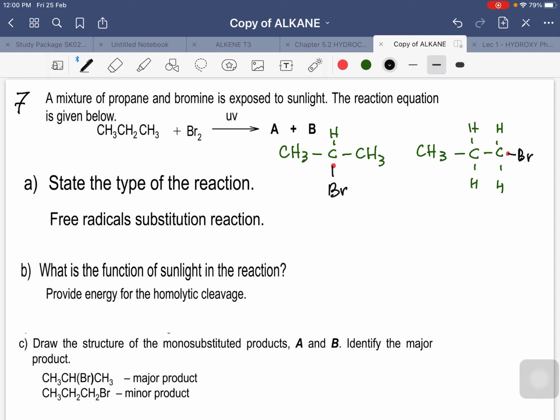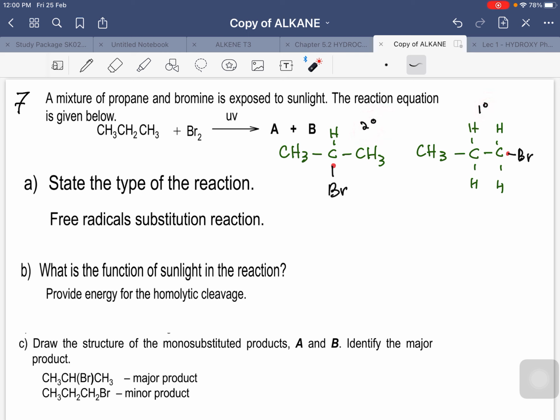Which one is the major and minor? To determine major and minor, we look at the stability of the free radical before the product forms. Just now, I drew the free radical. It is a secondary free radical, while the other structure comes from a primary free radical. As we learned in the previous chapter, the secondary free radical is more stable than the primary free radical.